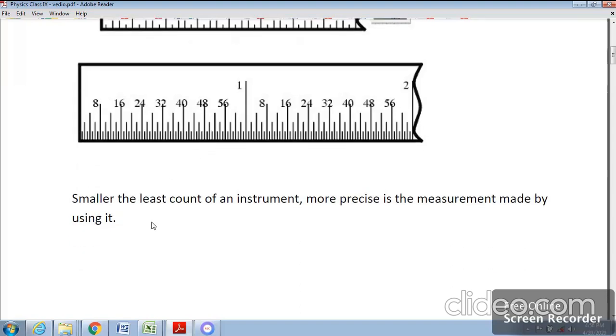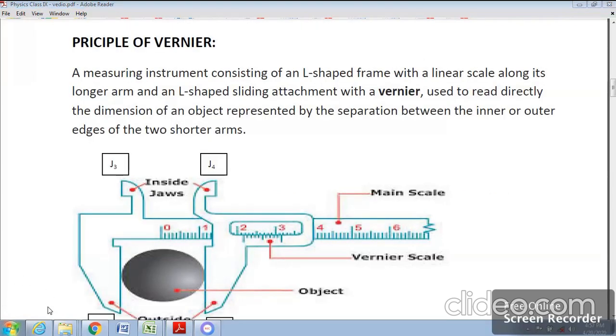Smaller the least count of an instrument, more precise is the measurement made by using it. So a meter rule can be used to measure length correct only up to 1 mm, that is 1 decimal place of a centimeter. It cannot measure length with still more accuracy, up to the second decimal place of a centimeter.